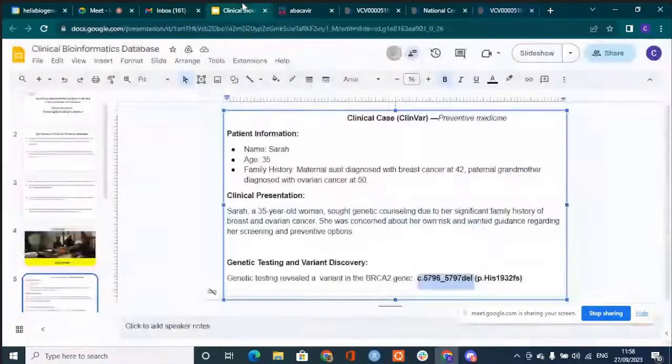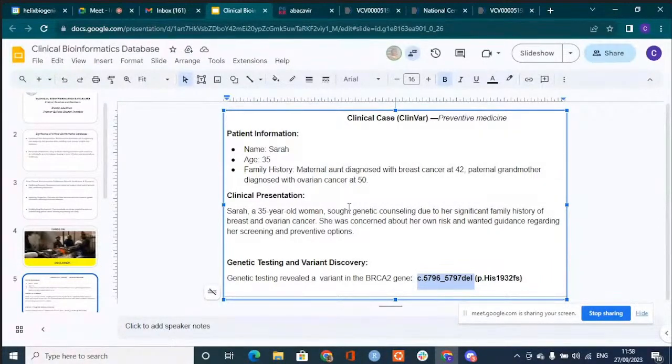So another database that I want to go into, and before going further, this is kind of preventive medicine. Sarah already knows that there is a possibility that she's predisposed to either breast cancer or ovarian cancer.